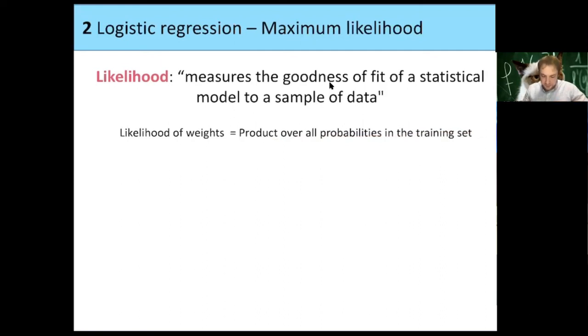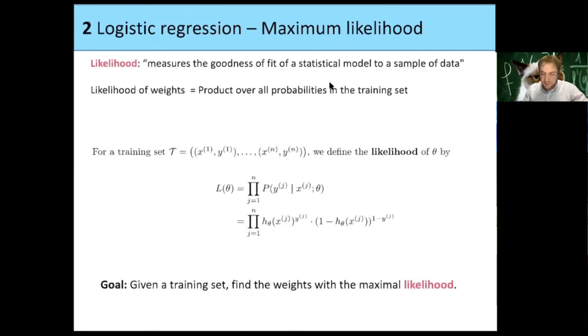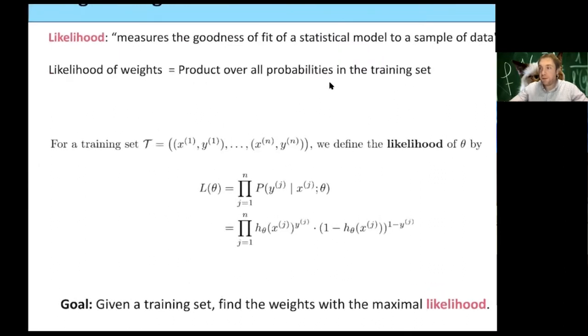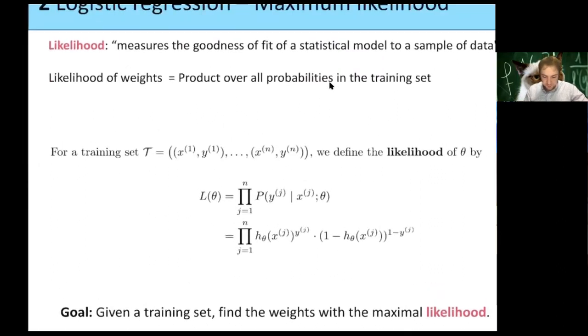More precisely, if I have a training set T, where we have some data, like hours studied for the first person, and maybe he failed, and then the hours studied of the second person, and he failed, and so on, and here maybe the last person passed.